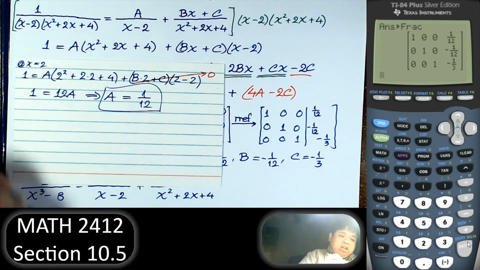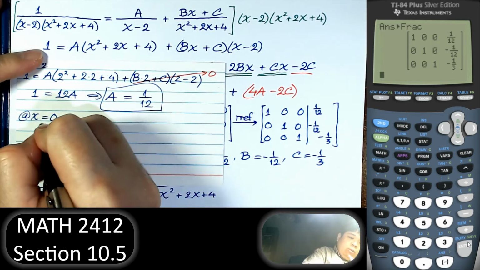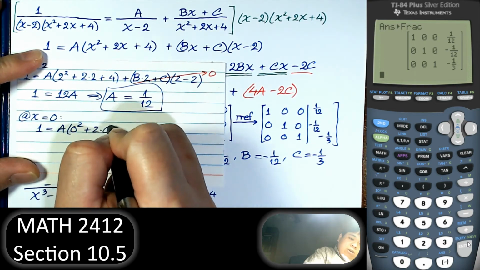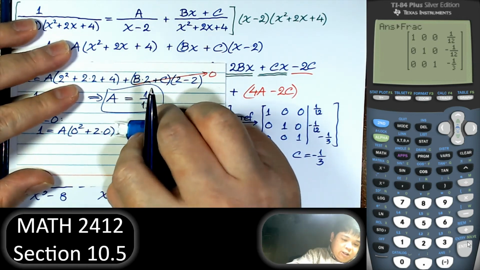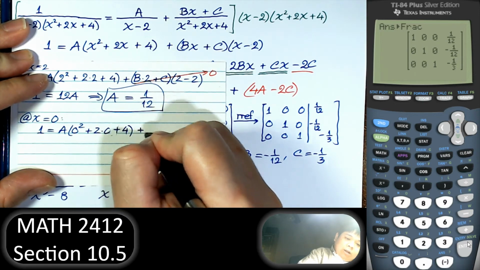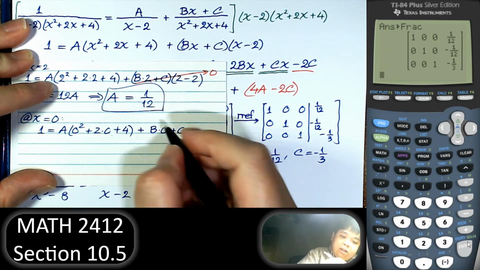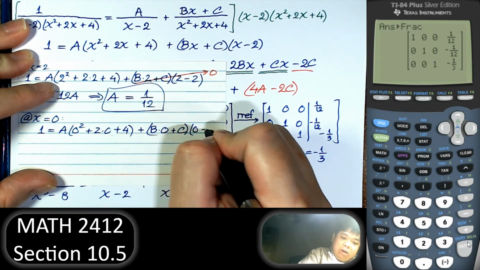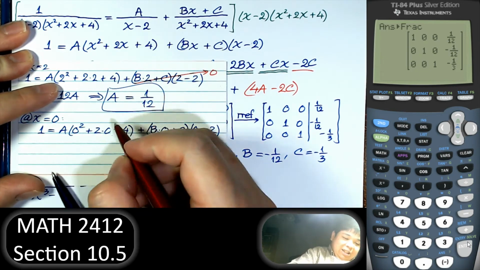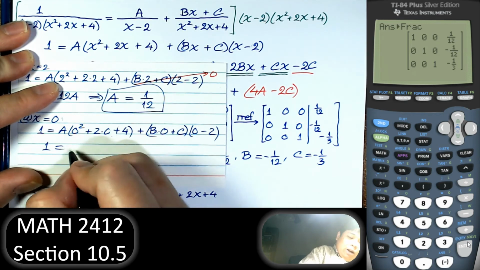Let's say if we choose x to be 0, for example, 1 equal to a, 0 squared plus 2 times 0 plus 4, plus b times 0 plus c, times 0 minus 2. Actually, it does work a little. That's for a.